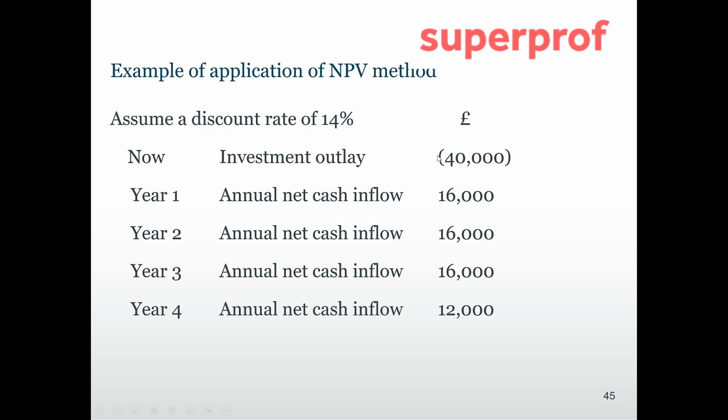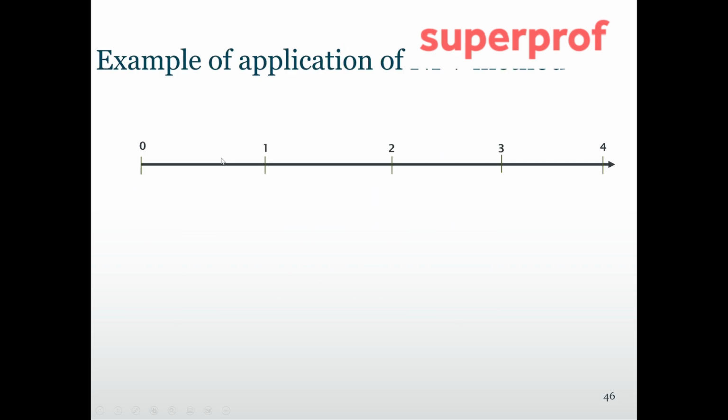Let's assume that the investment outlay is correct, but the inflows are not necessarily 100% correct, as they are based on your projection and estimation. Basically, we can draw a graph like this. 0 is now, then year 1 end, year 2 end, year 3 end, and year 4 end.